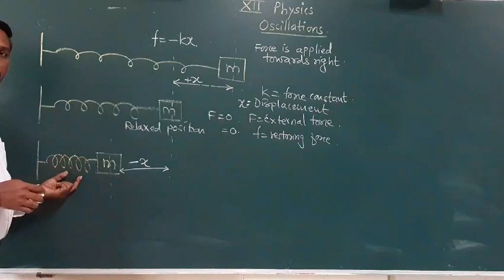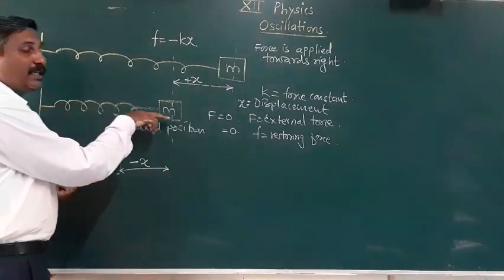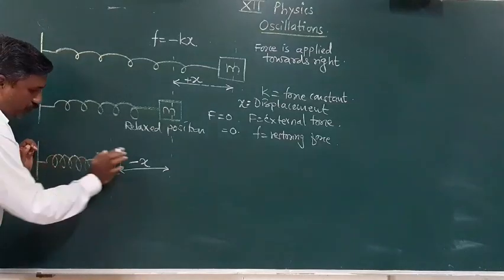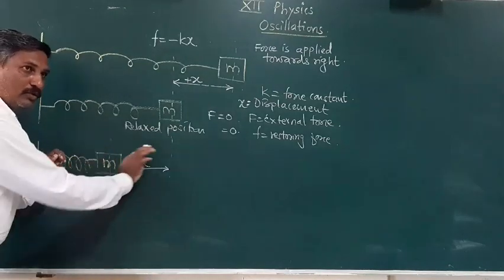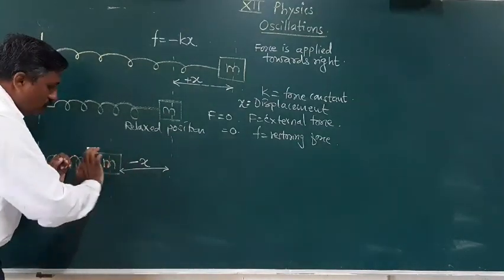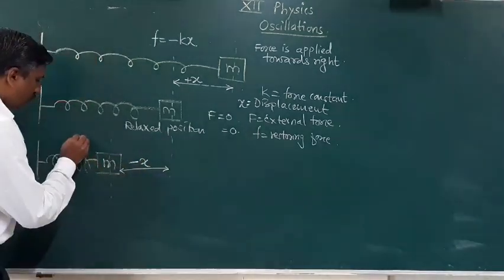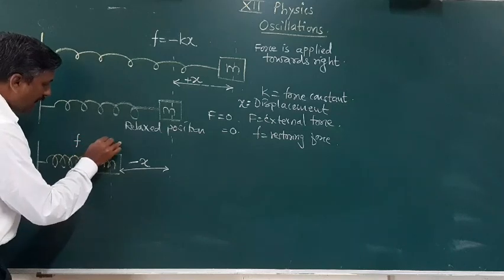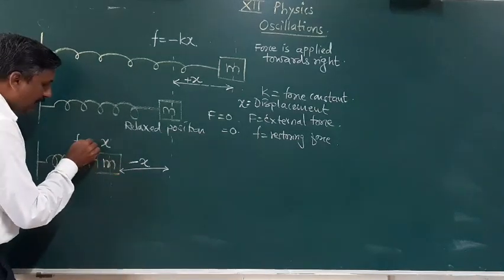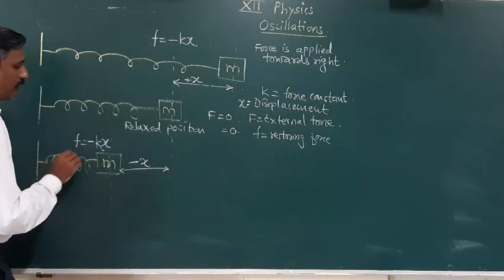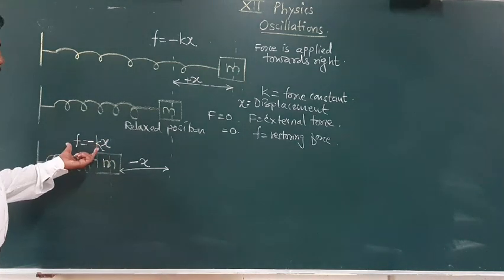What is the natural tendency of the spring? To maintain the relaxed position, meaning the spring pushes this block towards the right side. So restoring force and displacement are again opposite. Add one spring constant and we get the equation F equals minus Kx.